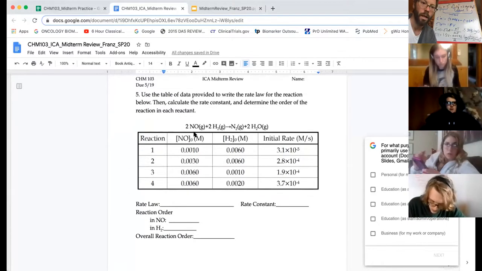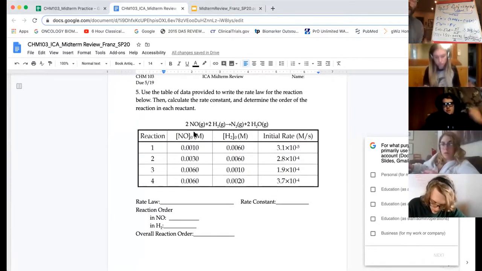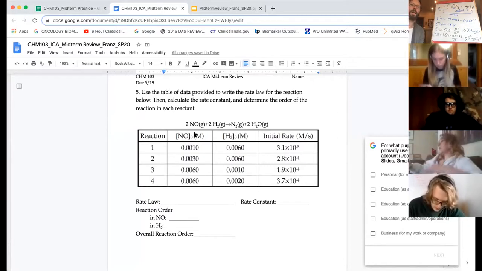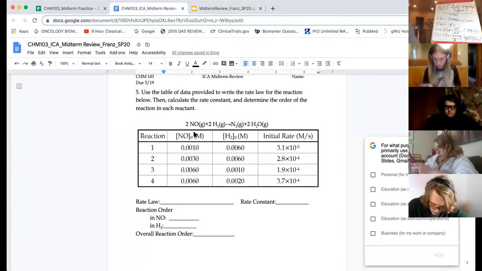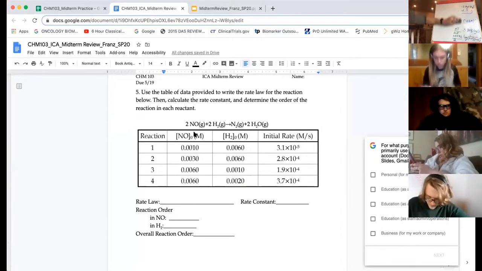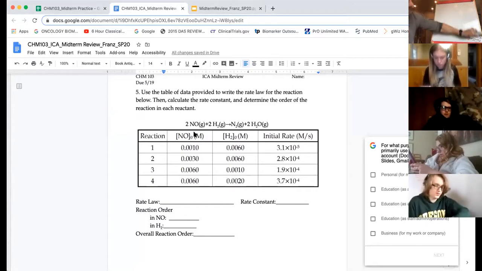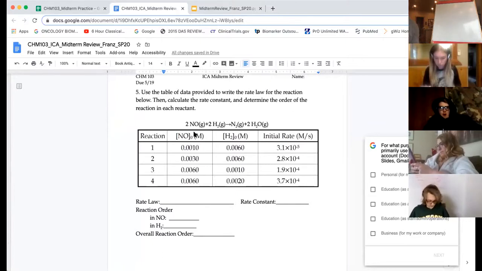Okay. Next, use the table below to find the rate law, rate constant, what reaction order they are, the overall reaction, etc. All right. First step, in order to proceed with the rate law and then from there the rate constant, you got to know the reaction order first.